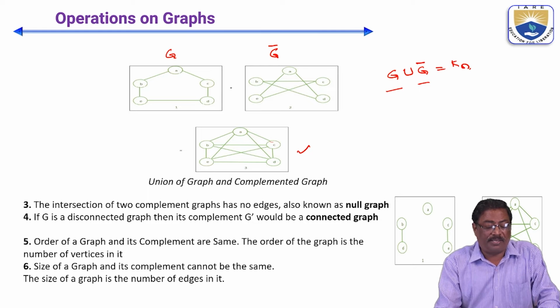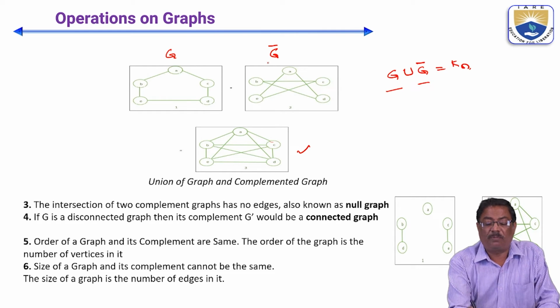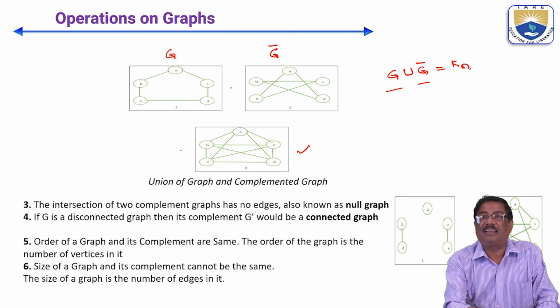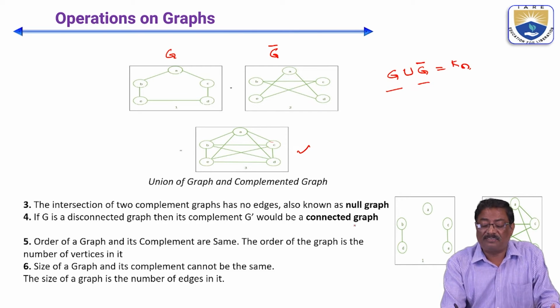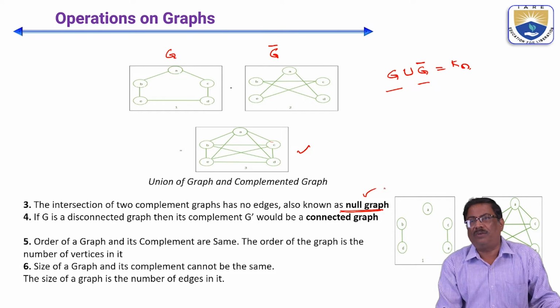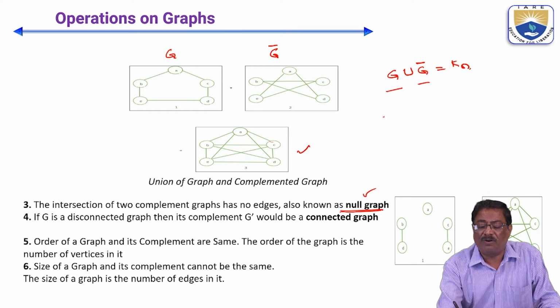Then another property is the intersection. The intersection of these two is the null set, because no edge is common. So I am going to get a null graph, because it has only vertices. So what do we get for G intersection G bar?